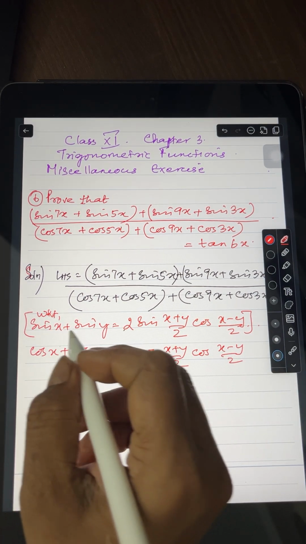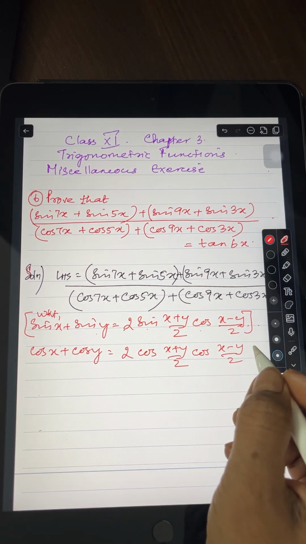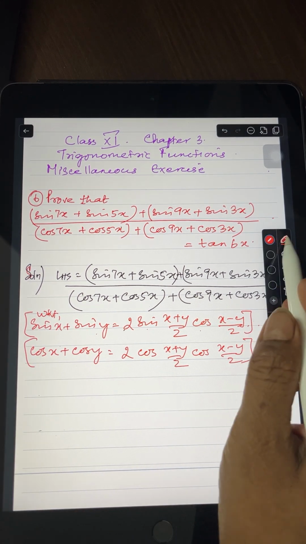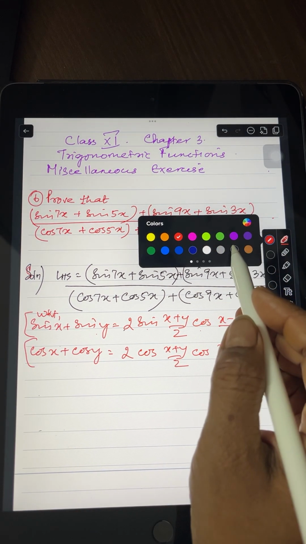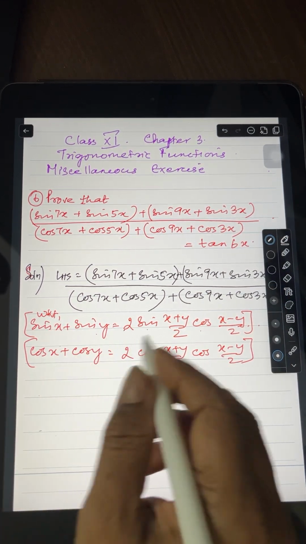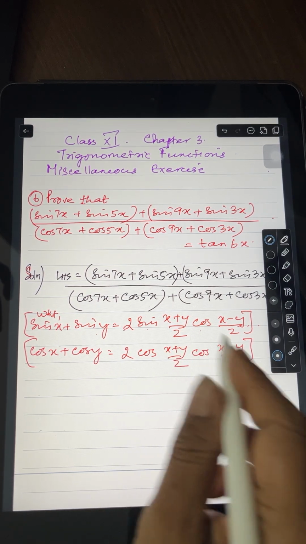For sin x plus sin y, you get sin as well as cos. This is the next formula. Now with the help of these two formulas, you can solve this problem. You will have to learn the formulas by heart.